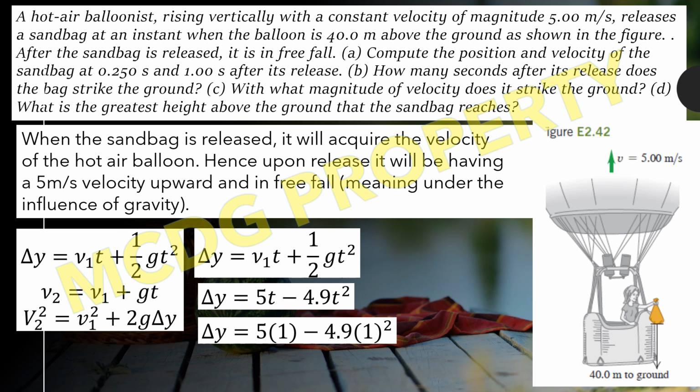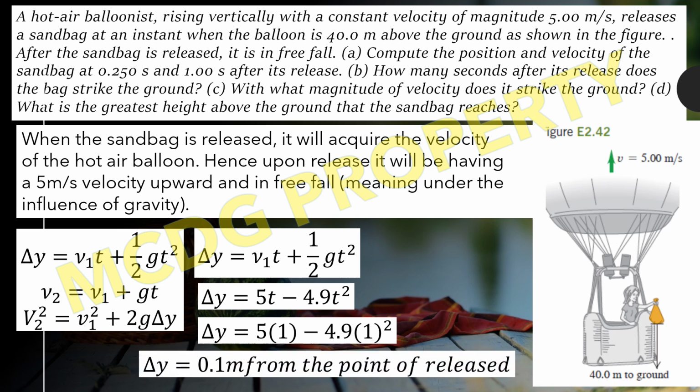Now, at time t equal to 1 second, again you just substitute the given information. You will have delta y equal to 0.1 meters from the point of release.